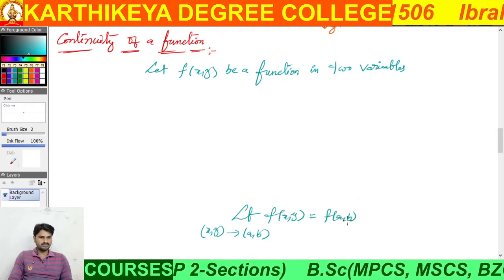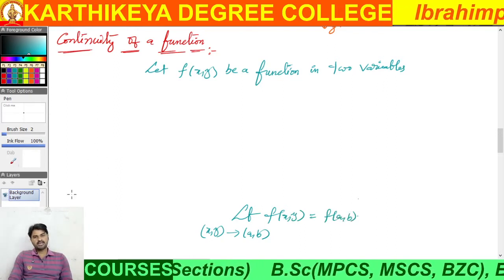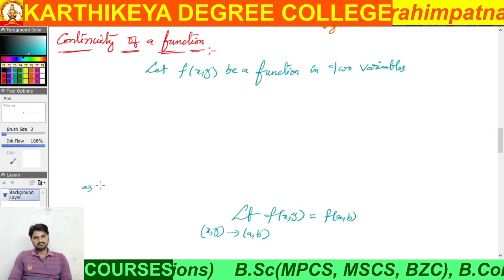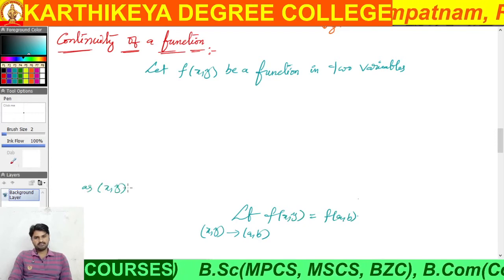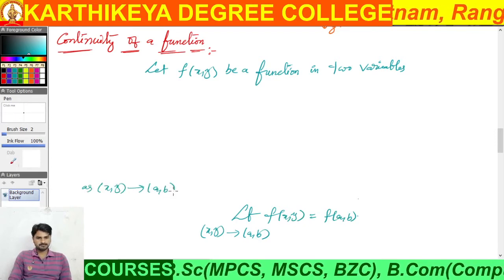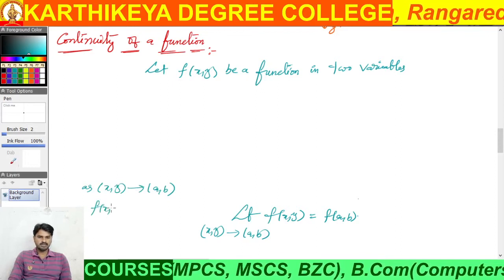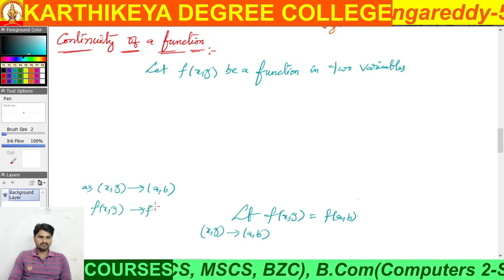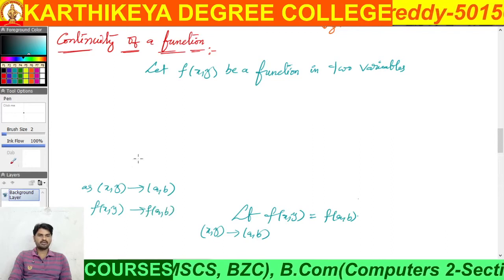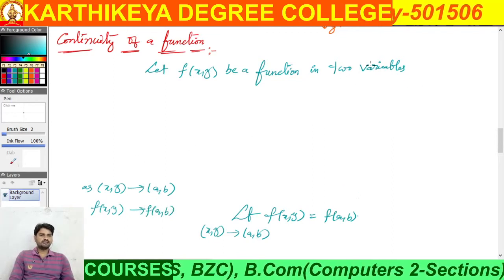This is the definition. It can be written simply as: as (x, y) tends to (a, b), its image f of x, y tends to f of a, b. We had already written this for two variables.